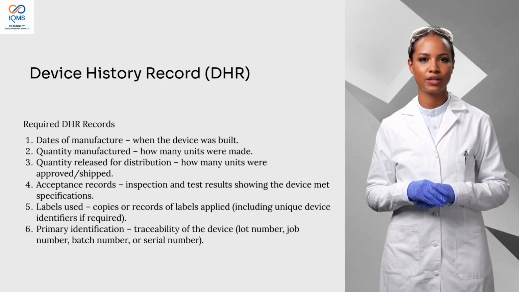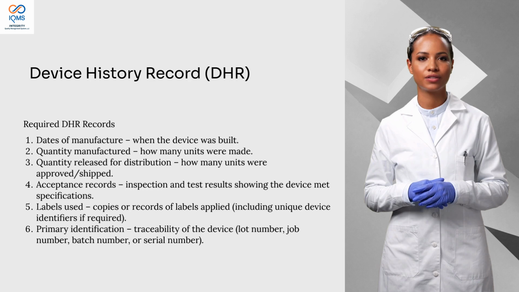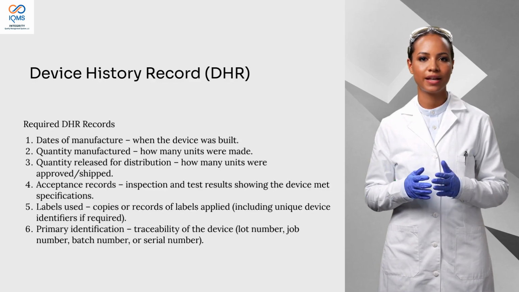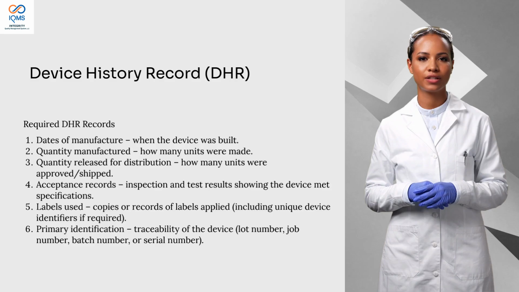What must be included in a DHR package? Required DHR records. 1. Dates of manufacture, when the device was built. 2. Quantity manufactured, how many units were made. 3. Quantity released for distribution, how many units were approved or shipped. 4. Acceptance records, inspection and test results showing the device met specifications. 5.